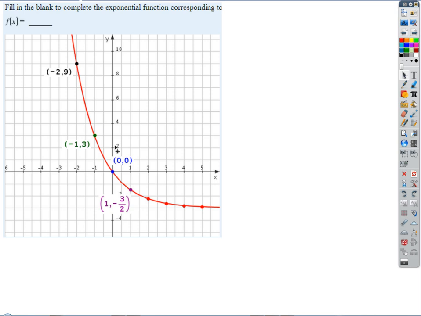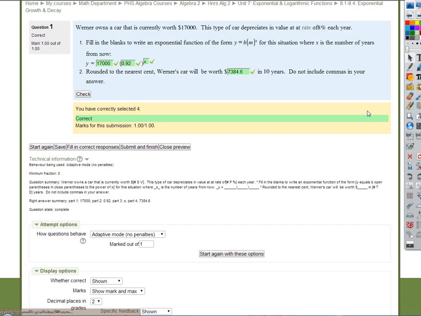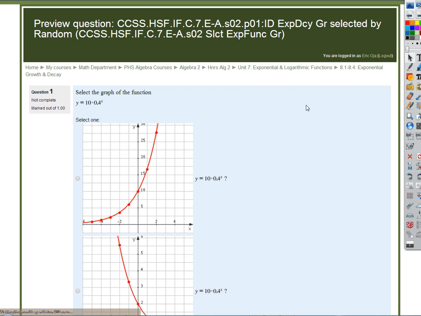Here, let me just pull one other quick, easier one, just to kind of point at. What if we take one real quick, kind of a warm-up one like this?